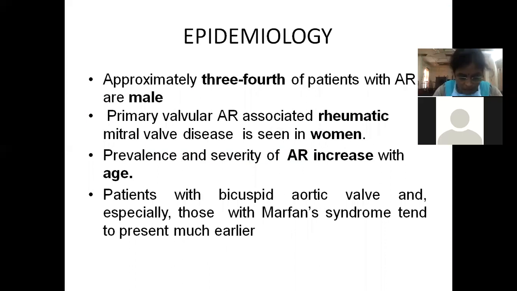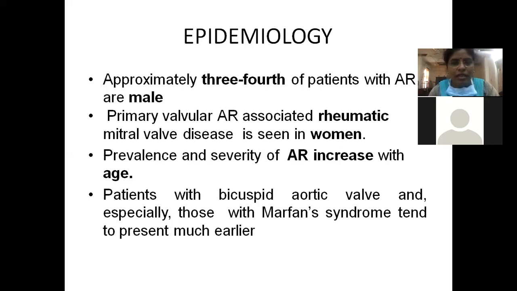Coming to the patients, three-fourths of the patients with aortic regurgitation are male, because in males there is an increased incidence of bicuspid aortic valve, Marfan syndrome, Ehlers-Danlos, and ankylosing spondylitis, all these things are increased in incidence in males compared to females.